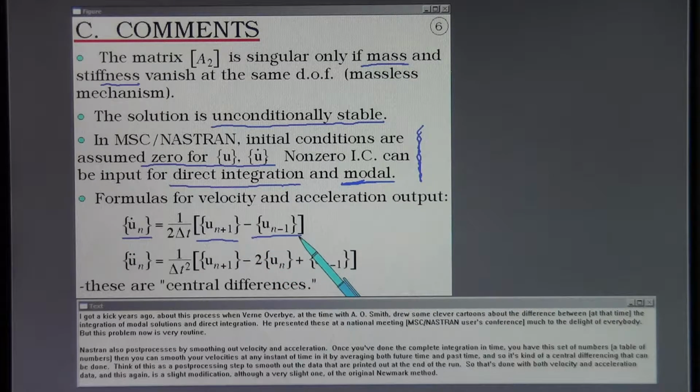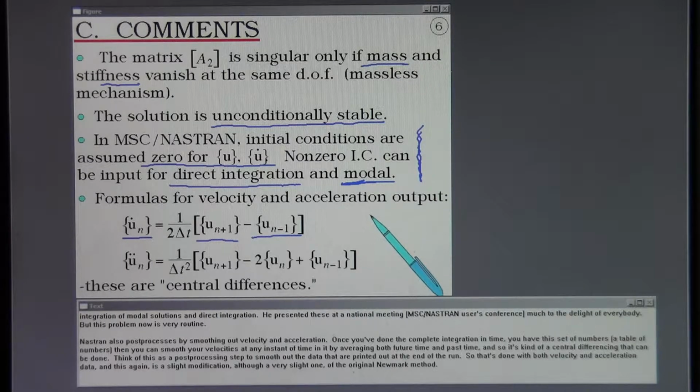So it's kind of a central differencing that can be done. So think of this as a post-processing step to smooth out the data that are printed out at the end of the run. So that's done with both velocity and acceleration data. And this again is a slight modification, although a very slight one, of the original Newmark method.